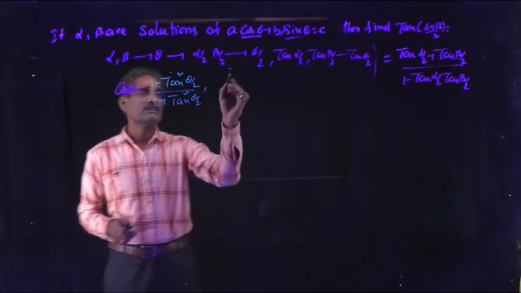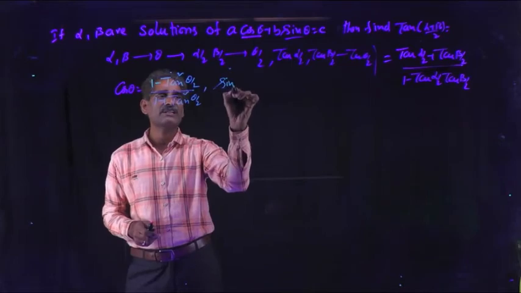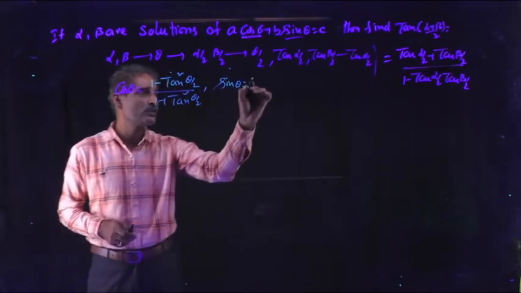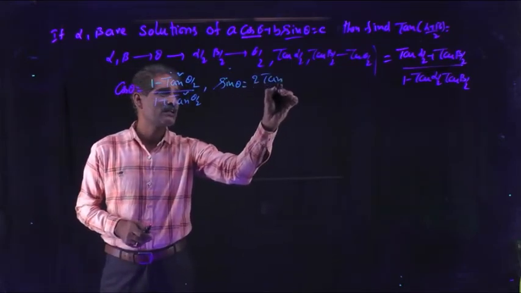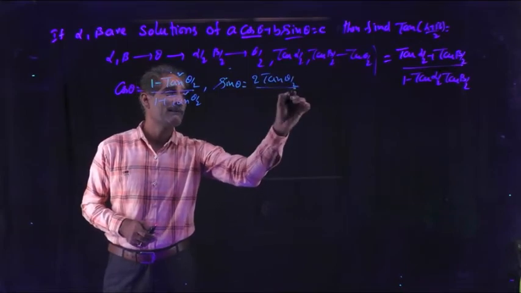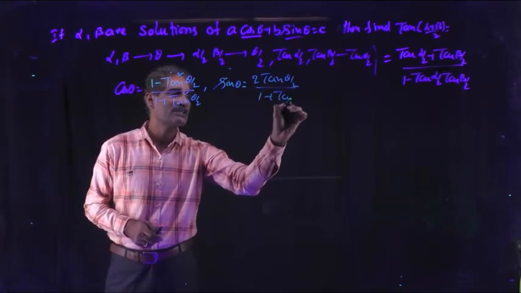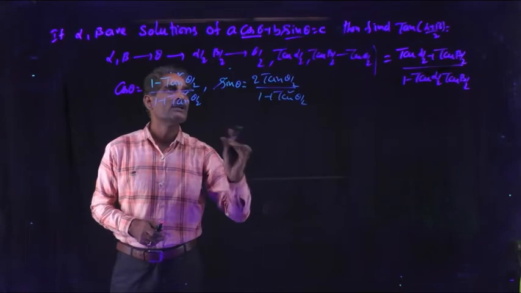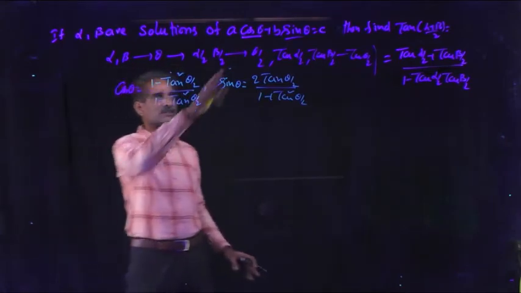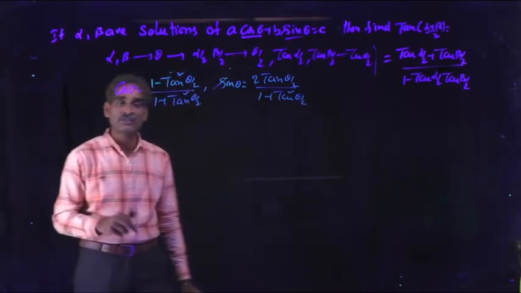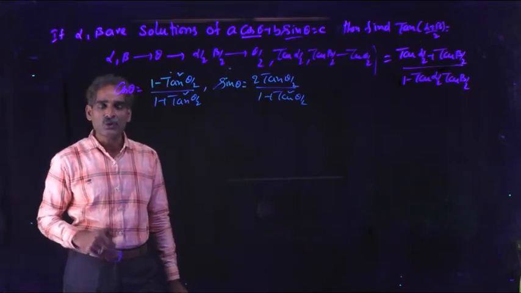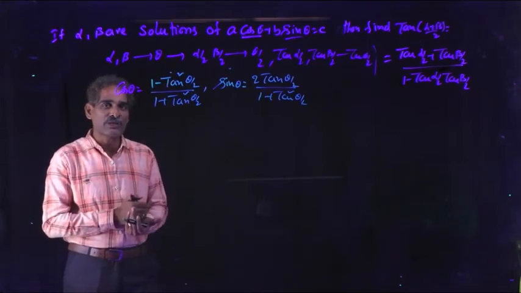Similarly, sin theta is equal to 2 tan theta by 2 over 1 plus tan square theta by 2. If we substitute these two formulas in this equation, we get a quadratic equation in terms of tan theta by 2, whose roots are tan alpha by 2 and tan beta by 2.